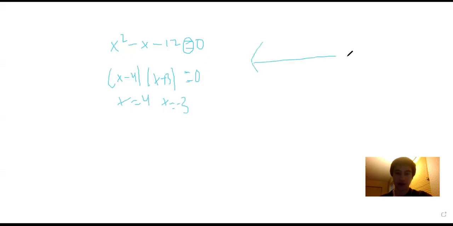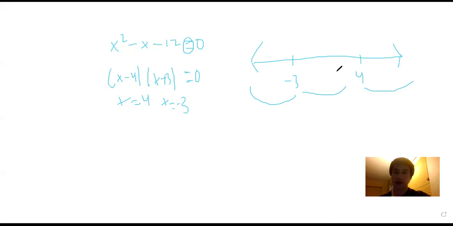So we can create a number line, and we plot our points, x equals 4 and x equals -3. Then we test each region: this area, this area, and that area.